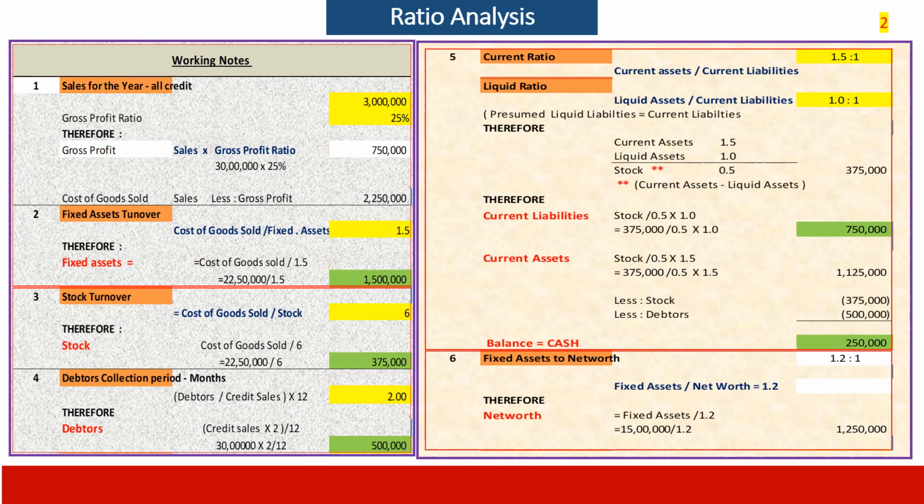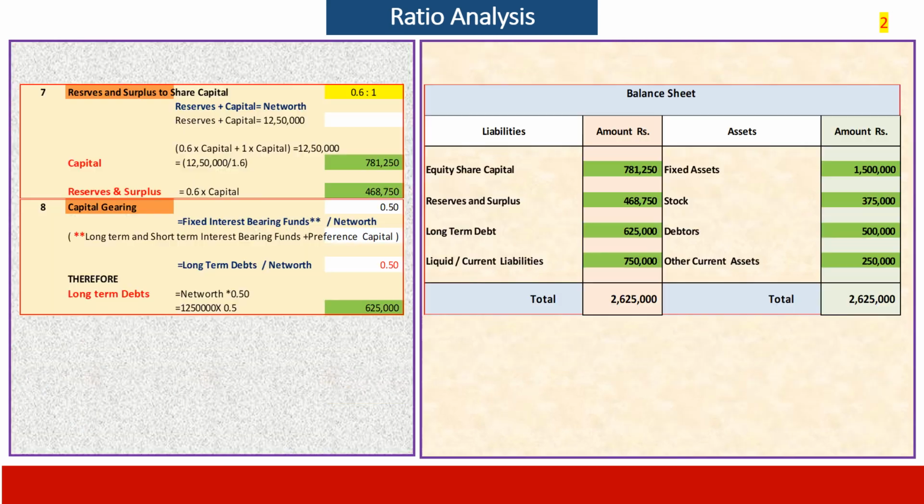And as a part of the answer, we give the working notes as we have observed now: fixed assets turnover, stock turnover, debtor collection period, current ratio, liquid ratio leading to current liabilities and current assets, cash balance, fixed asset to net worth, reserves and surplus, capital gearing, and the balance sheet.